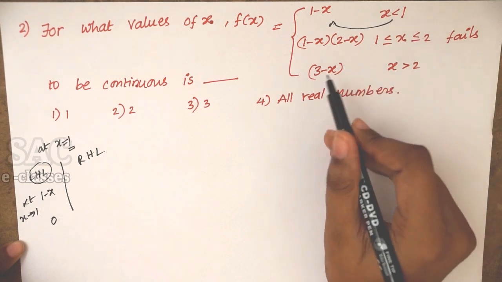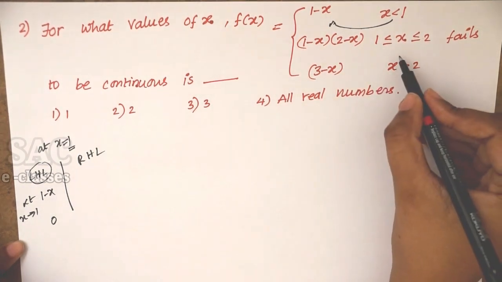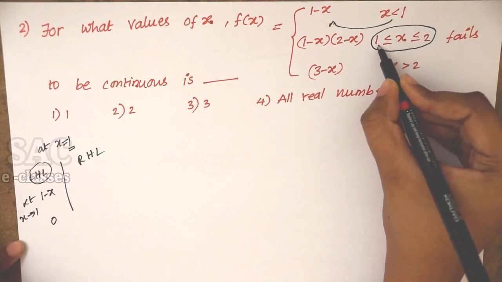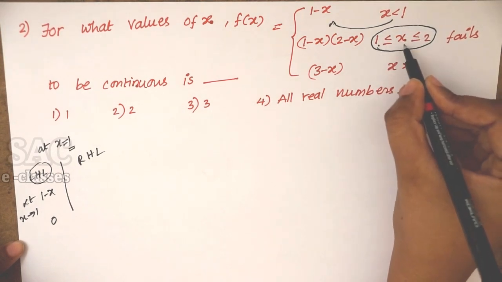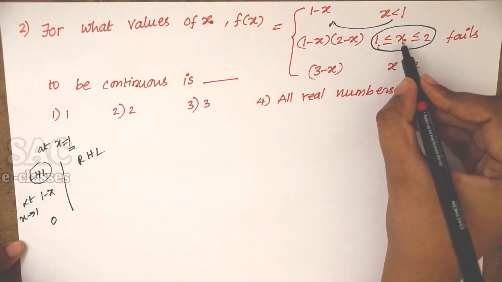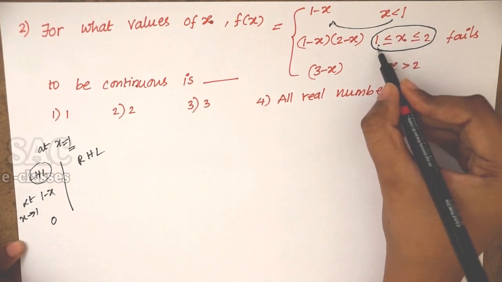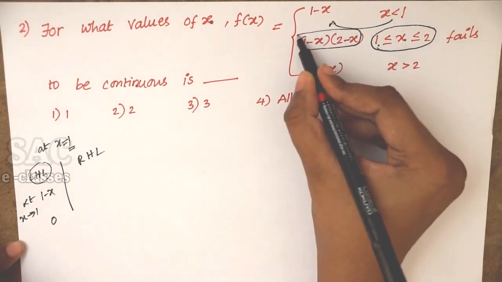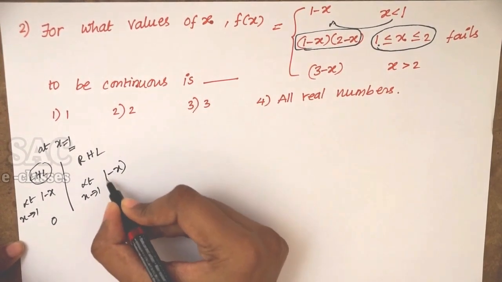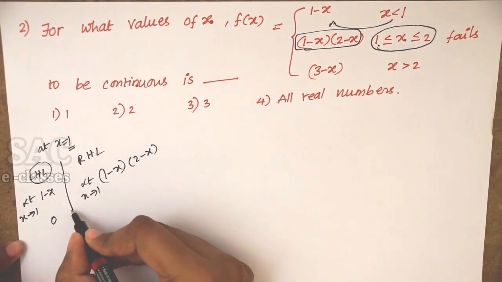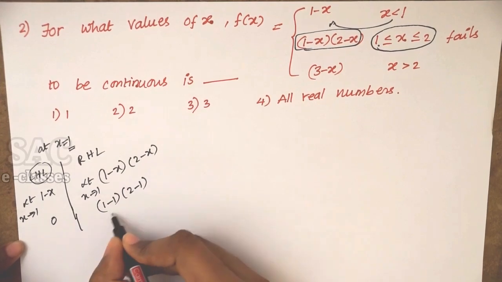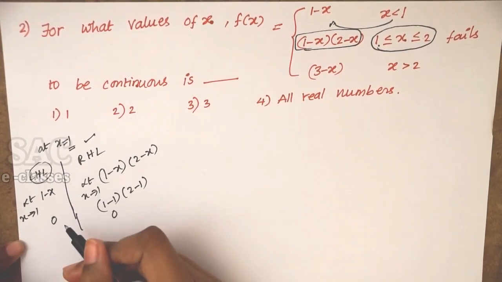Right hand limit means more than 1, either equal to 1 or more than 1. We need slightly more than or exactly equal to 1. So which function is better to choose for limit x tends to 1? 1 minus x into 2 minus x. Apply the limit here. Whatever it is, it's 0, yes. At 1 it is continuous.